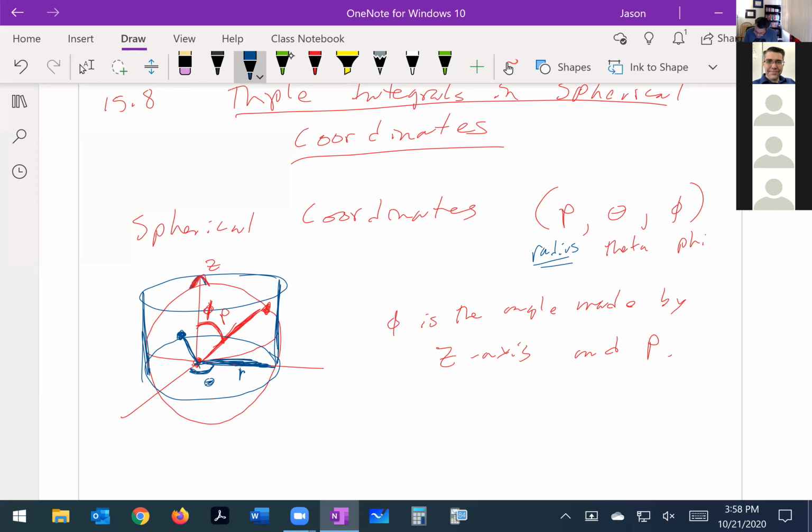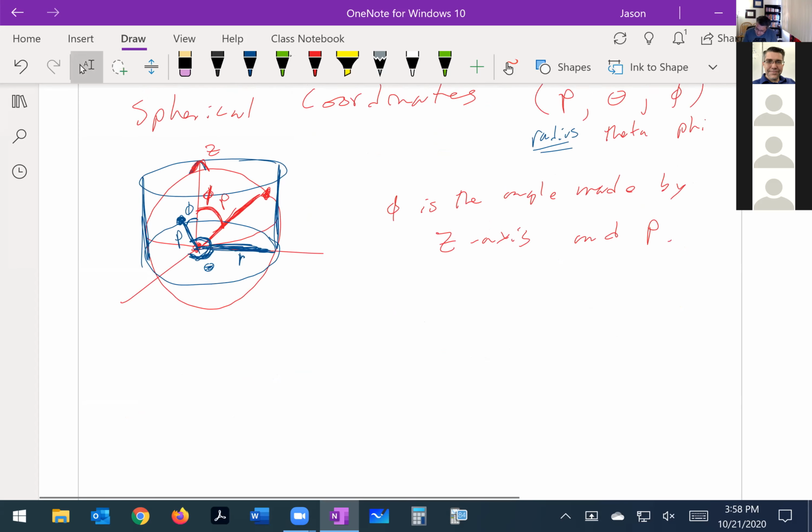That would be a certain rho, a certain radius, then a degree measure starting at 0, going out maybe here, and then we have another angle phi that goes from the z-axis. Does that make sense?